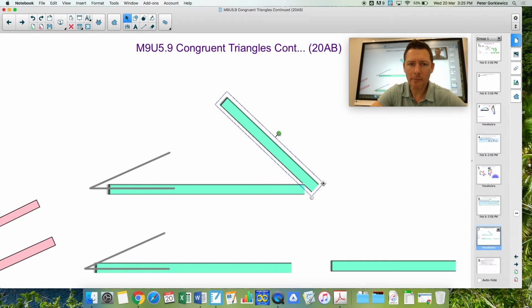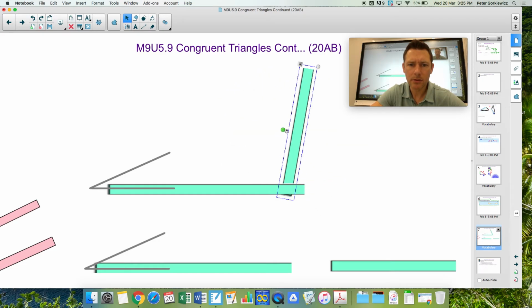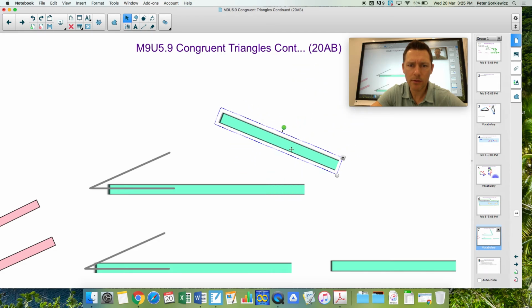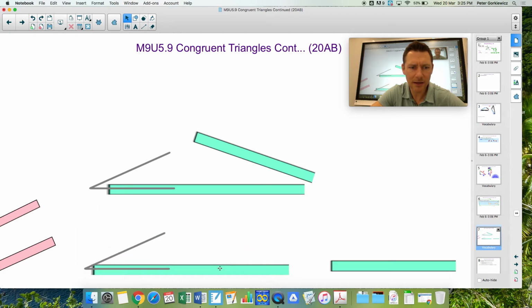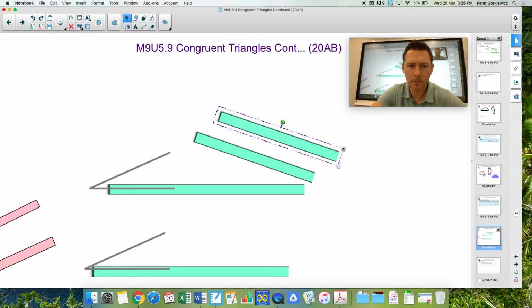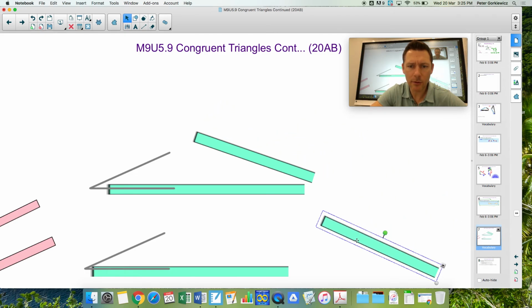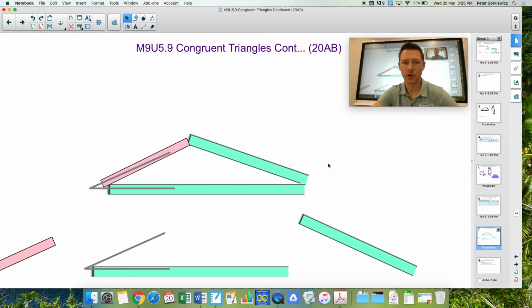So I'm going to put one of these, like, I don't know, here, right there. Maybe like that. Right? Angle, side, side. This is the same angle. This is the same side. This is the same length. Like that. And so you could put a nice third side in here, and I've got a triangle. Not a big deal.